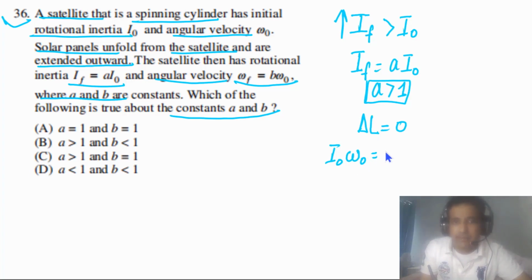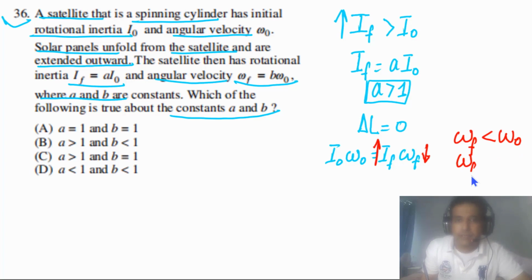So we can say I naught omega naught is equal to If omega f. As in this case If has increased, omega f has to decrease to keep angular momentum constant. So omega f in this case is smaller than omega naught.